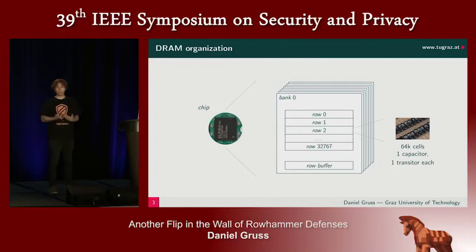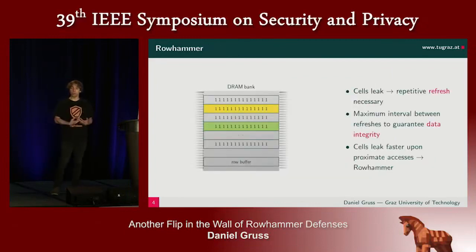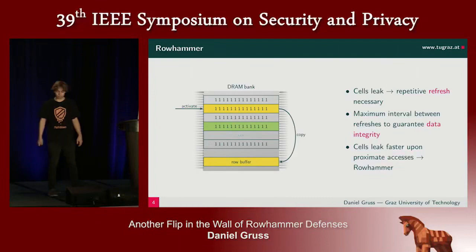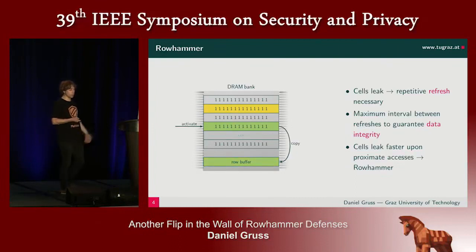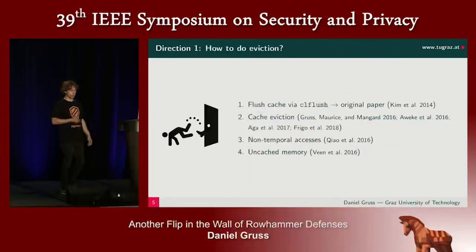When you read from memory, the memory controller actually has to load the actual bits into the row buffer. That happens in the DRAM, and then it's sent to the memory controller, to the CPU. There is an effect that leads to the so-called Rowhammer effect, which is that cells leak fast upon proximate accesses, and we're going to exploit that. So if you activate those rows, after a while, you will see bit flips.